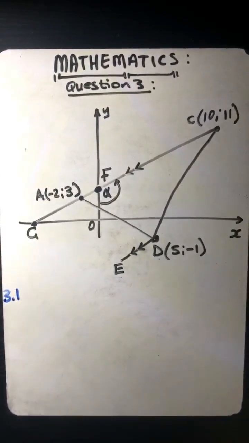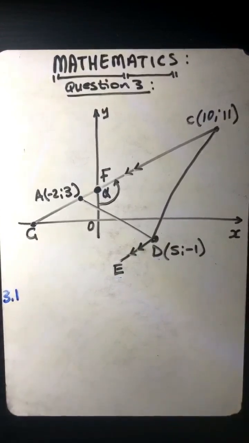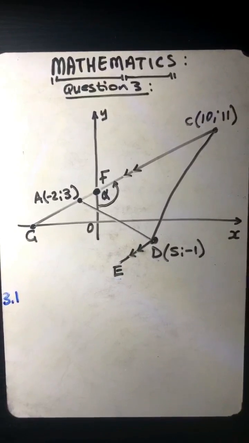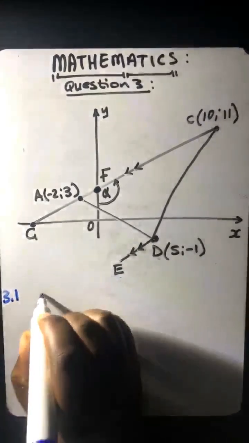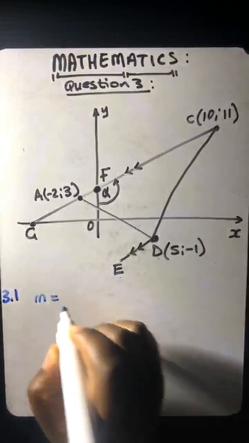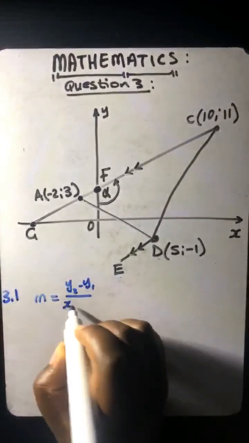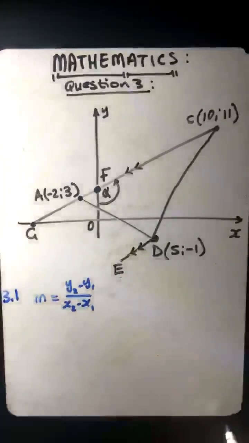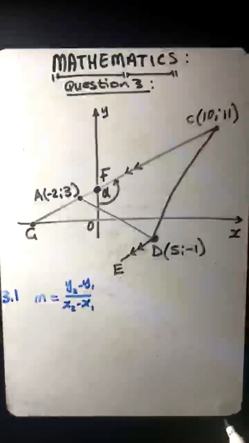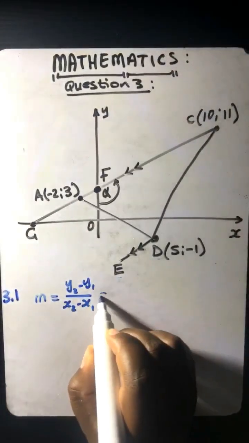So I am now about to answer 3.1, which says calculate the gradient of AC. I know very well that the gradient is that small letter m, which equals y2 minus y1 over x2 minus x1. Firstly, write down the formula. It is the one that is going to guide you to say you need two things.